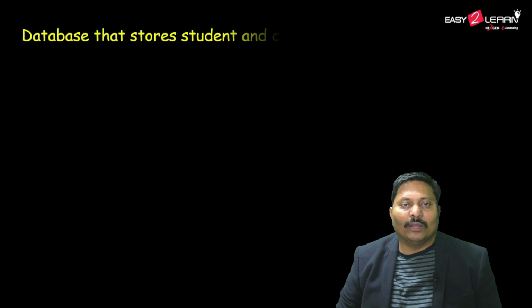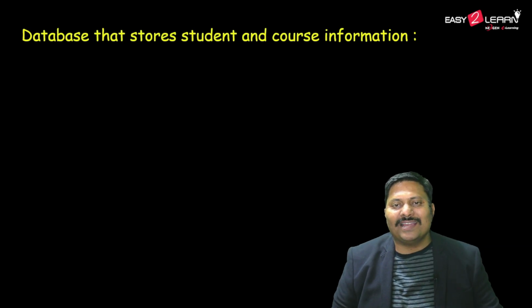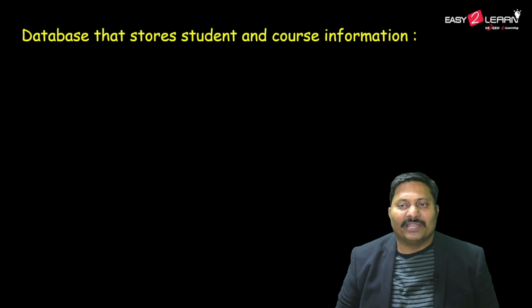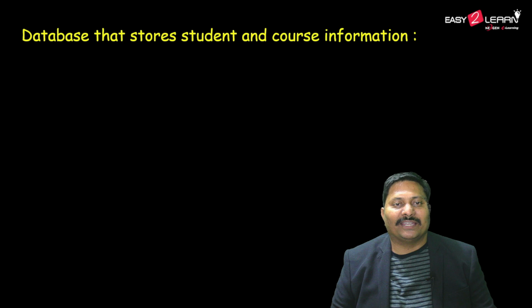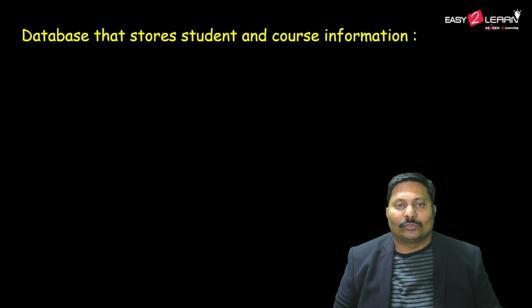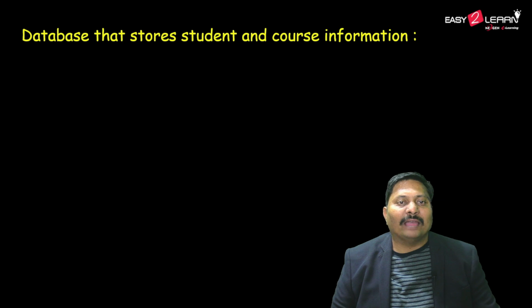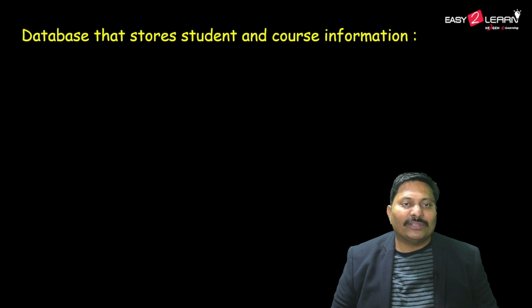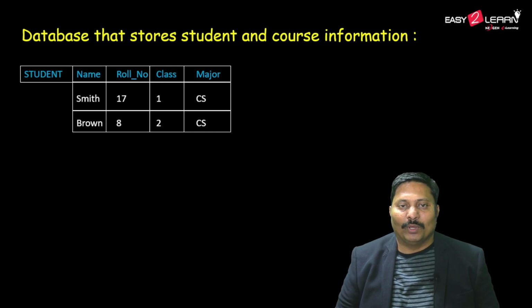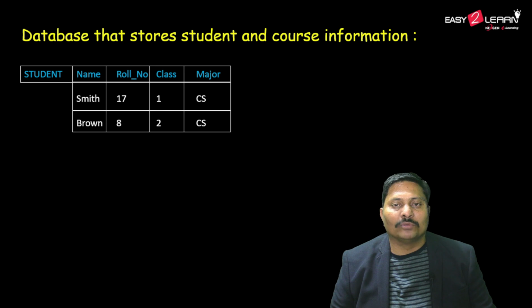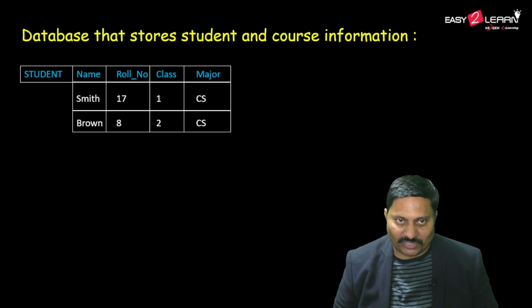As we discussed in the outline, finally, to understand a database and its functionalities, we will be taking an example of a university database that stores the student and course information. Here I have taken three tables. The first one is the student table, which holds information about the students in that university.